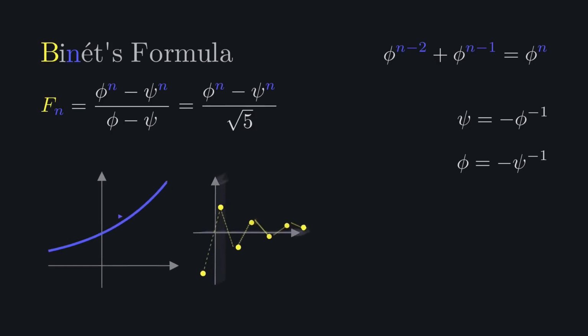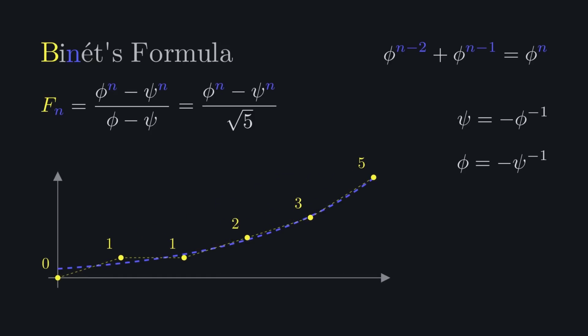When brought together in Binet's formula, we get Fibonacci numbers dancing over and under the graph of phi to the nth divided by root 5, quickly aligning themselves to it. The presence of root 5 as a scaling factor, shifting us out of a pure connection to phi, kind of sticks out for me and hints at a missing piece of this story.